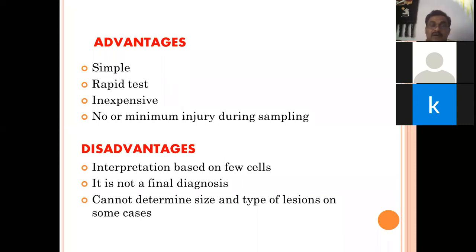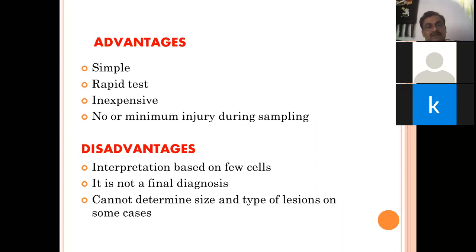Why? Because the accuracy of cytological examination greatly depends on the quality of collecting the exfoliated cells, preparation of the slides, staining of the slides, and finally interpretation of the material. So you don't need to be very skilled, but you have to be skilled at least in collection, preparation, and staining of the slide.